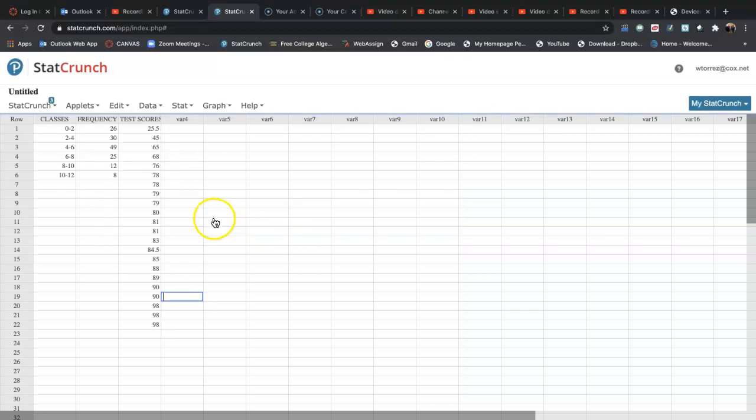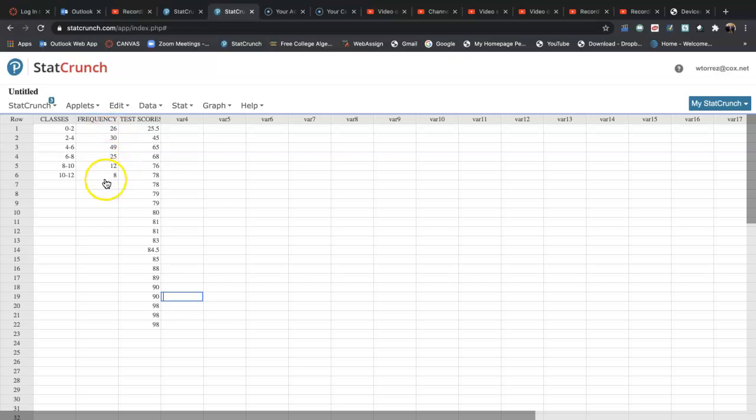So what I have here in StatCrunch is the following. I'm going to draw a relative frequency histogram using these 6 classes, which I input using the hyphen, 0 to 2, 2 to 4, and so on. And then in the companion column right next to it, which I've titled frequency, I've typed in the 6 frequencies for those 6 different classes.